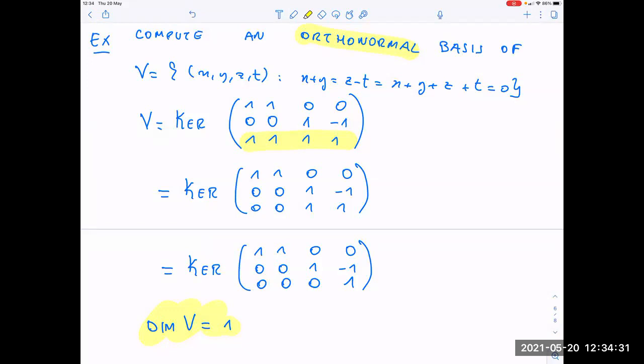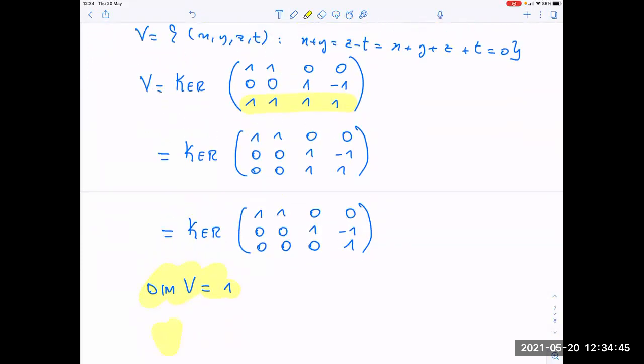Okay, so Alberto Eusebio got an expression for V, which is fine. And so to get an orthonormal basis is very, very simple, right? Once we know that V is the linear span of just one vector, 0, 0, 1, minus 1, an orthonormal basis is just obtained by normalizing, right?